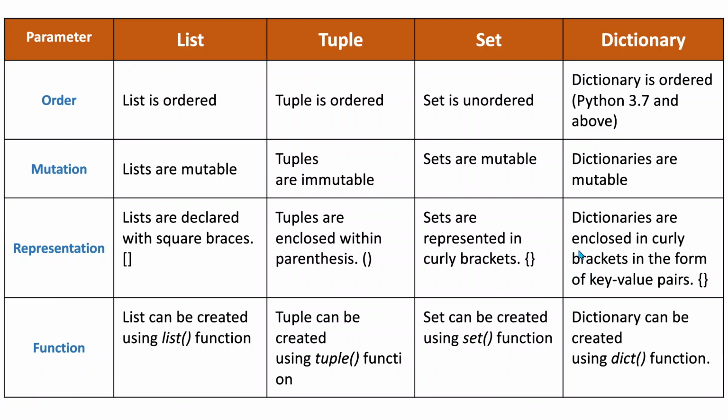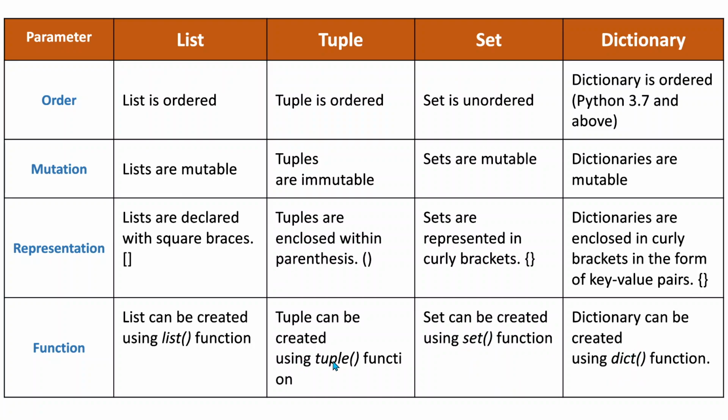That is something very important to note. And from the function point of view, we can use the inbuilt function list for list, and the tuple function when you want to work with tuples. You can use set when you want to create a new set. You can use the dict method when you want to create a new dictionary.